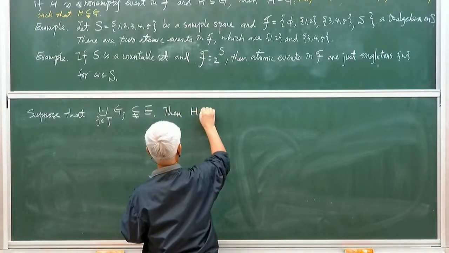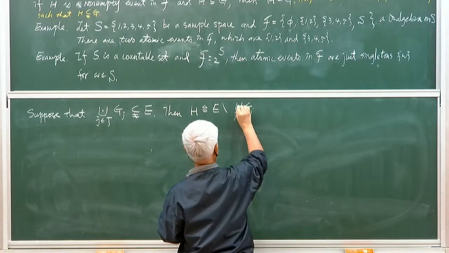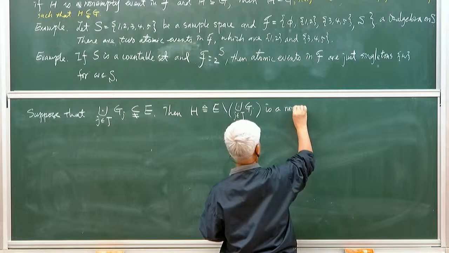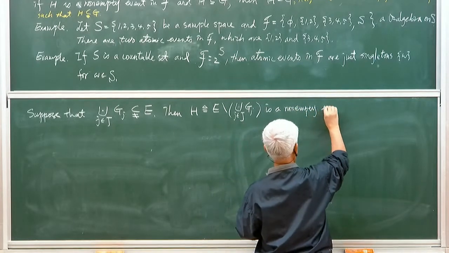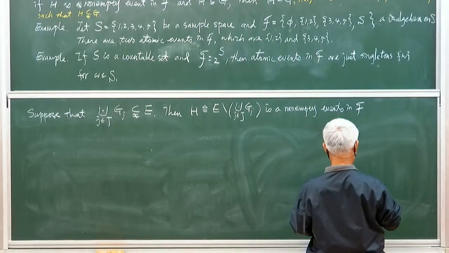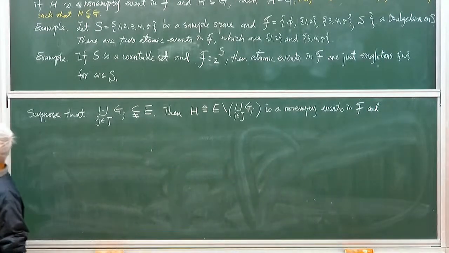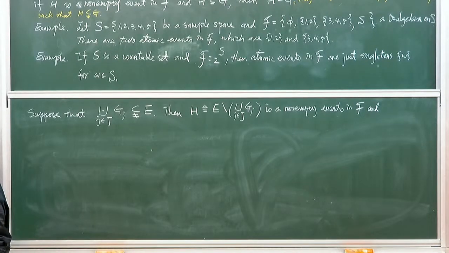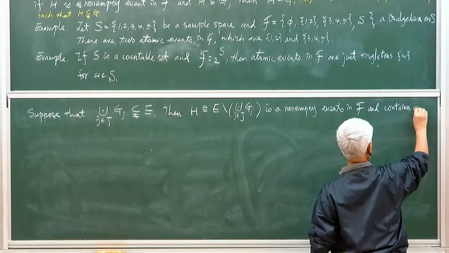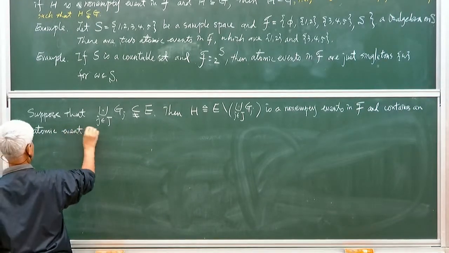Then H is defined to be E minus the union, and this is a non-empty event in F. Because it's a non-empty event in F, by this property, it contains an atomic event G in F.